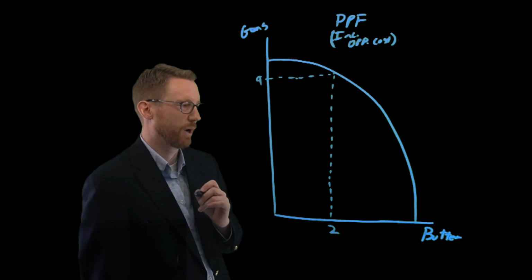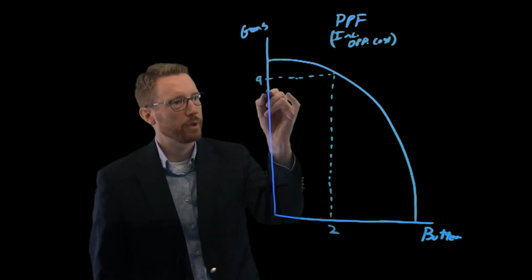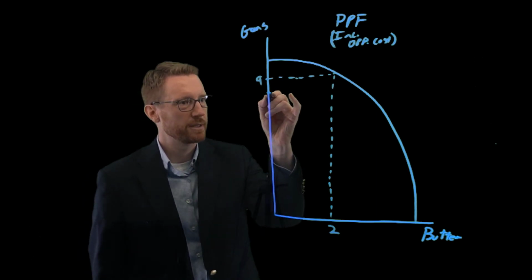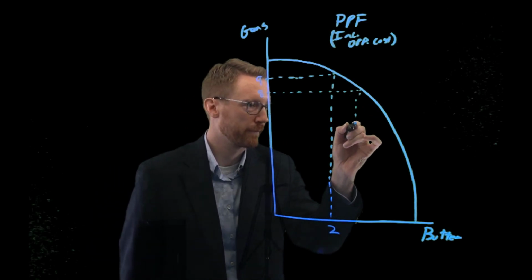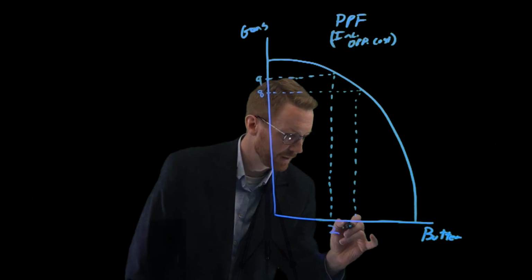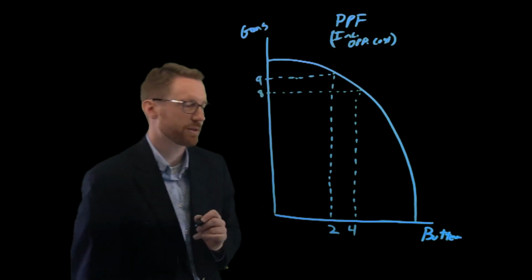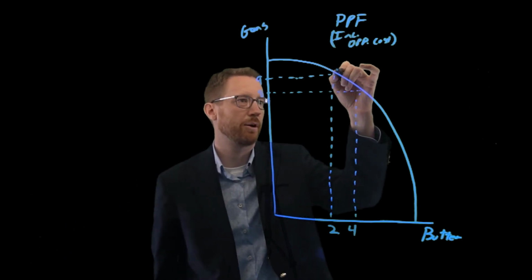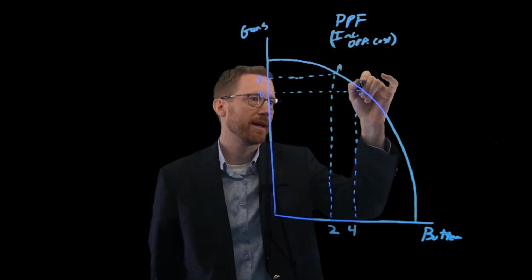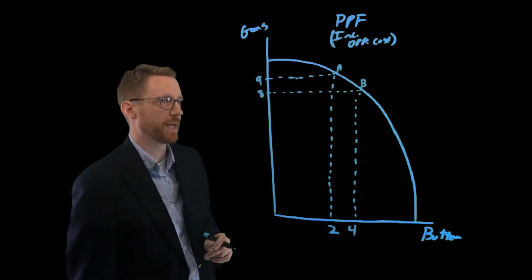And we decide we want more butters. So we reduce our production of guns to 8 guns. And now we get something like 4 butters. So those are our 2 combinations. So let's call one point A and let's call one point B.